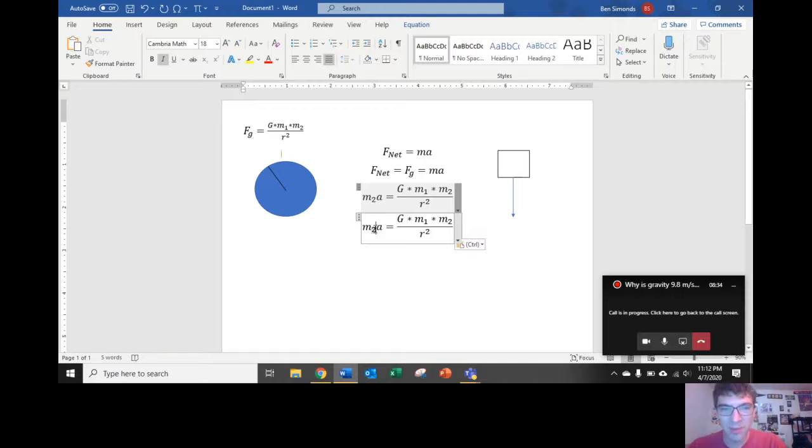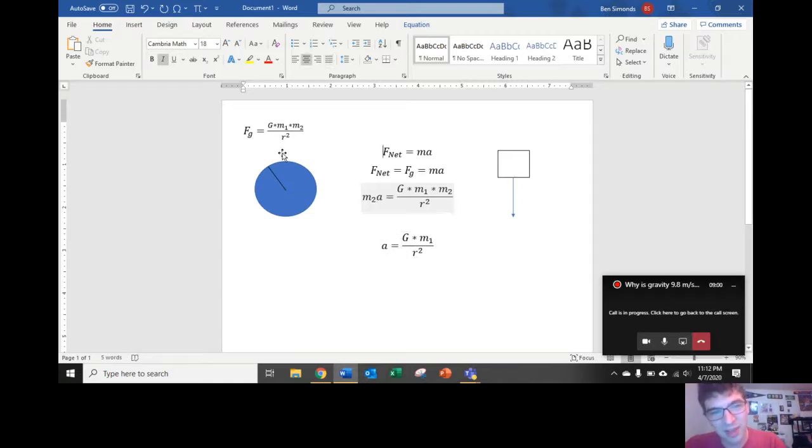There we go. So what happens if we divide both sides by m2? Well, m2 would cancel out over here, and m2 would cancel out over there, and boom, we get that acceleration from gravity on planet Earth is equal to G times mass of planet Earth over radius of planet Earth squared.